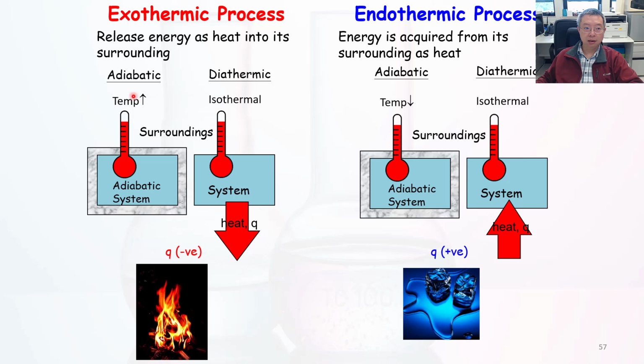This is called adiabatic heating. And if this is isothermal, it's a diathermic process, so isothermal. Comparatively, this also applies to the endothermic process.